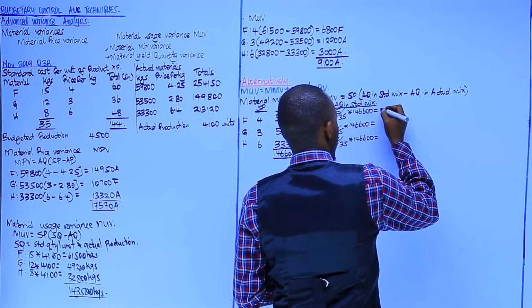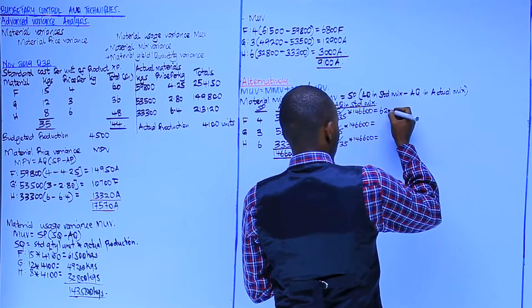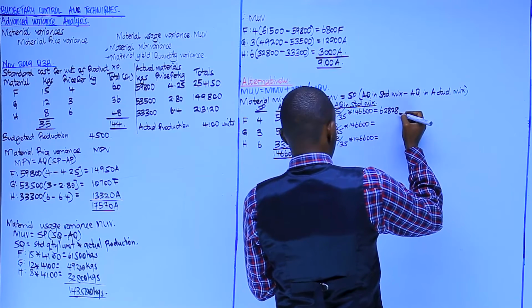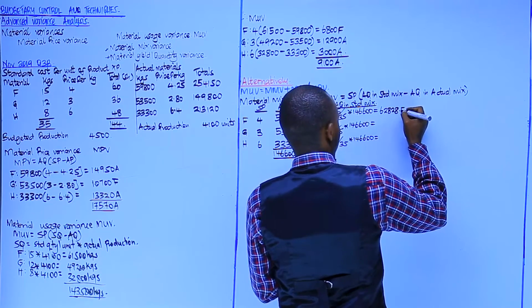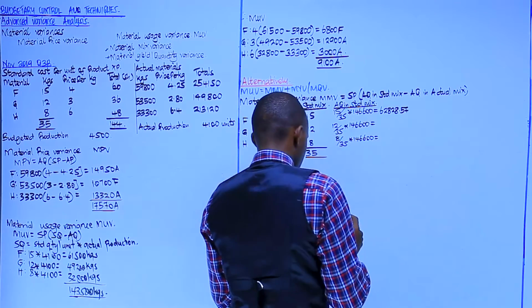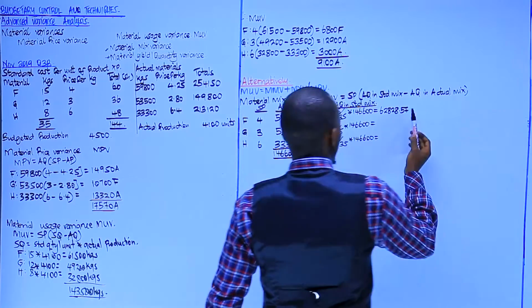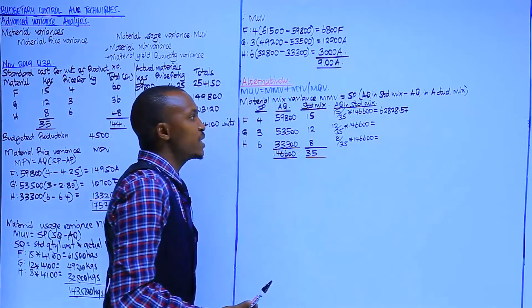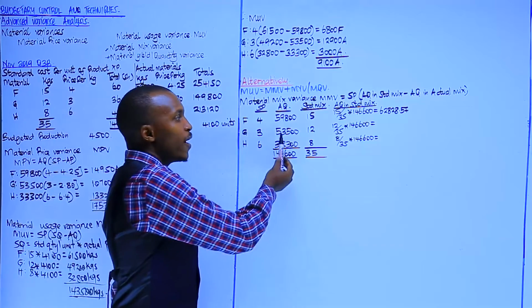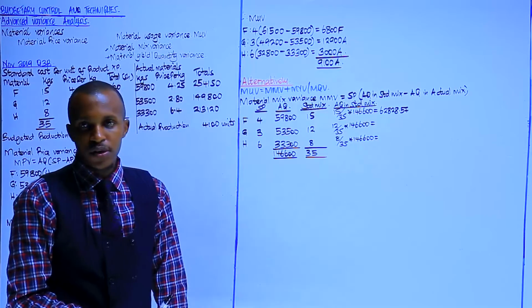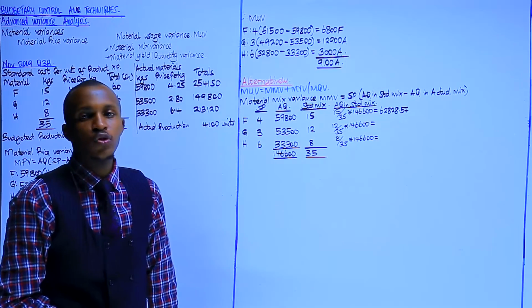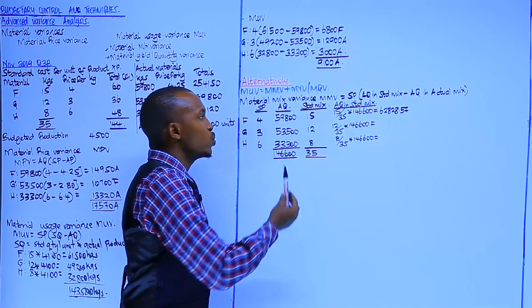This will be 62,828.57. Can round that off. Then your actual quantity in actual mix is simply another name for actual quantity.